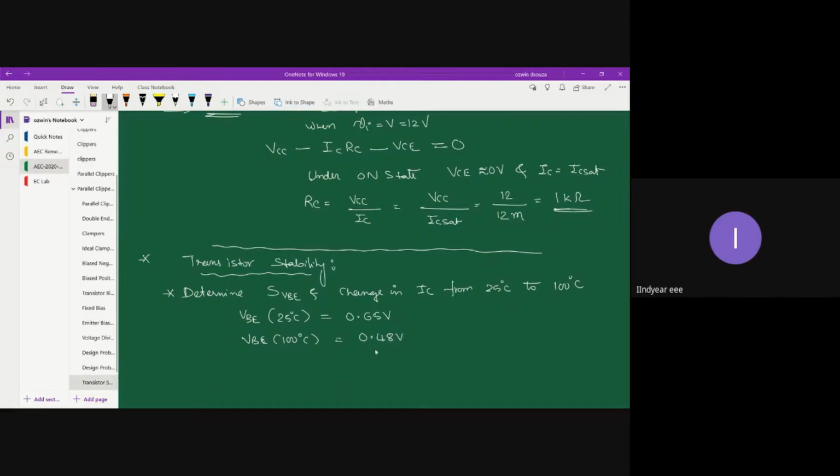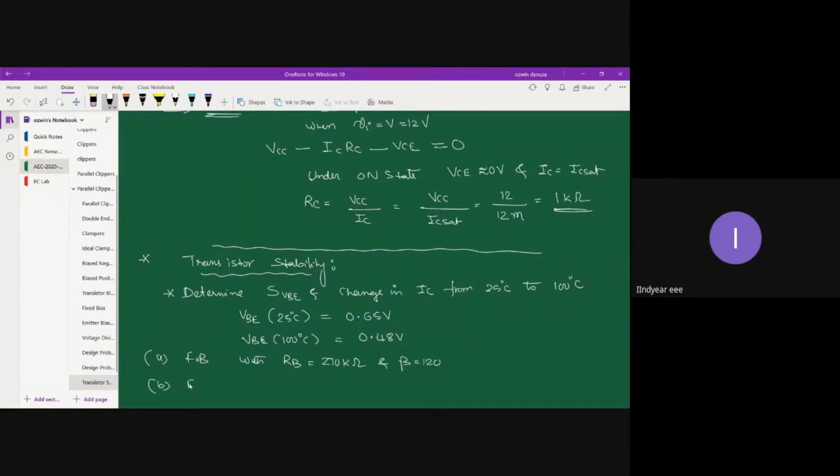Okay, for the following biasing arrangement. So SVBE and change in IC for this particular circuit condition, you need to do it for the following arrangements. Fixed bias, FB, fixed bias with RB is equal to 270 kilo ohm and beta is equal to 120.